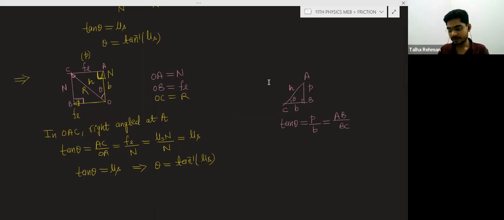Inertia exists without the friction force also. Suppose this is a mass, this is some pen, and this pen will have the inertia of rest. Basically three types of inertia we define: inertia of rest, inertia of motion, and inertia of direction.